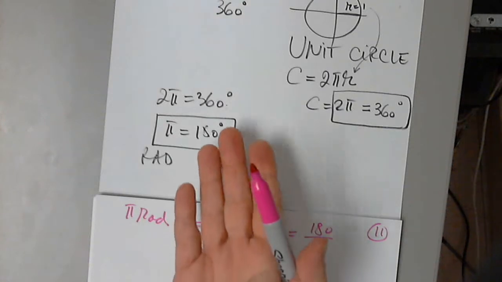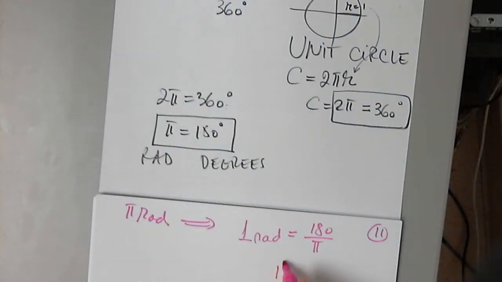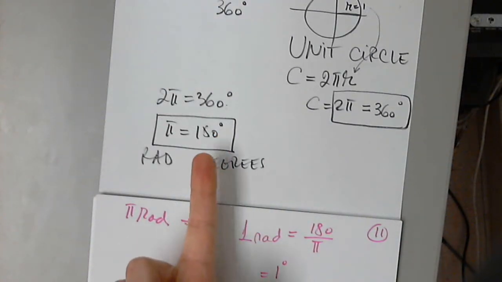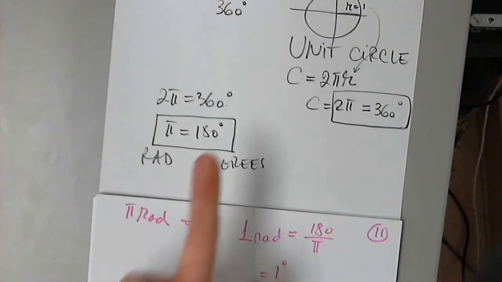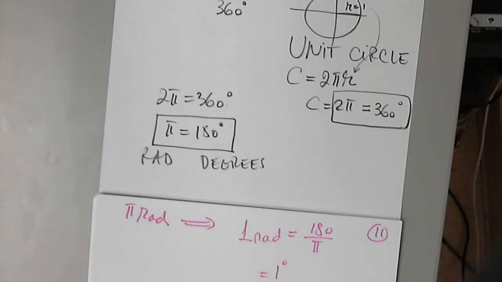What if I want this side? What if I want 1 degree? What will 1 degree, not 180 degrees, look like or equal to? What should I do to both sides to get 1 on this side? Not 180. I just want 1.